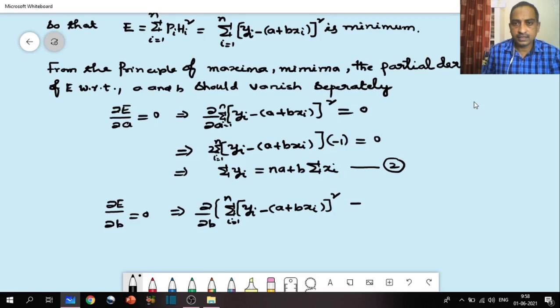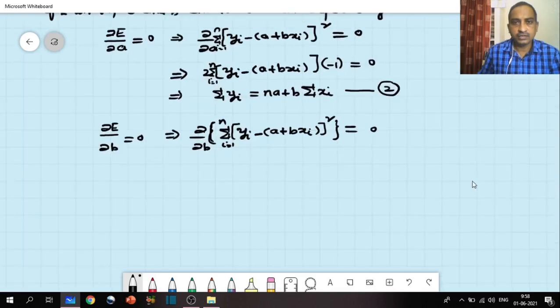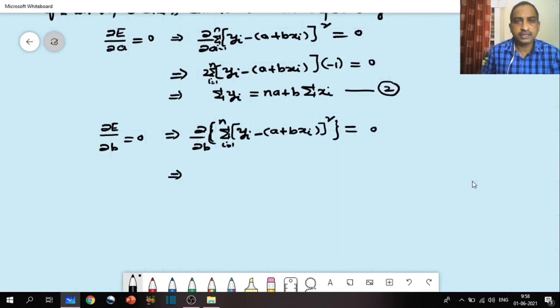So now you simplify this one, you are getting 2 into summation over i equals 1 to n of y_i minus (a plus b x_i), and derivative with respect to b is nothing but minus x_i, equals 0.